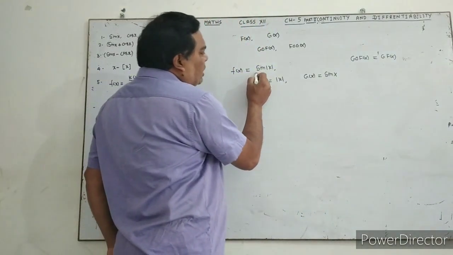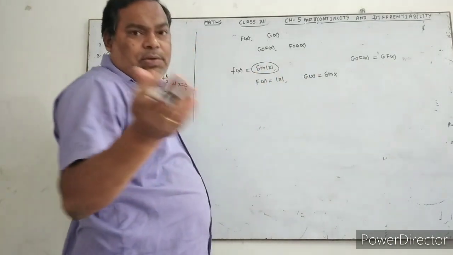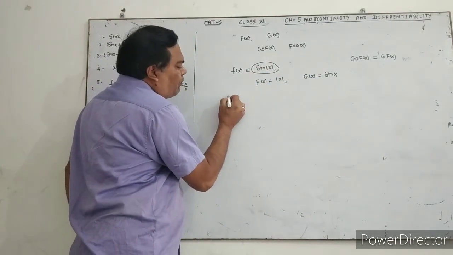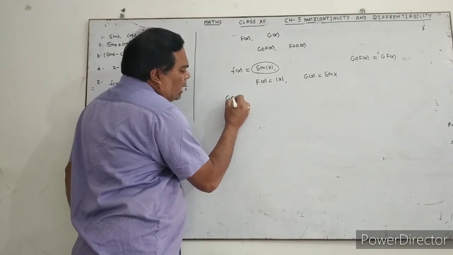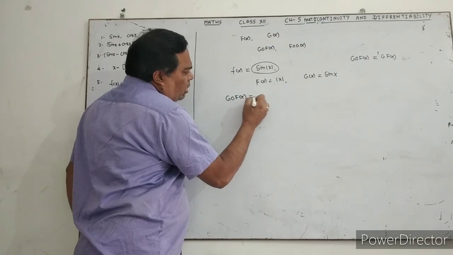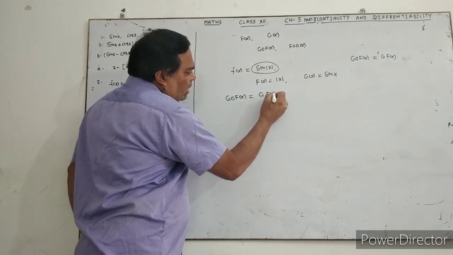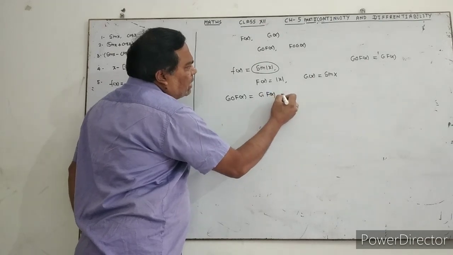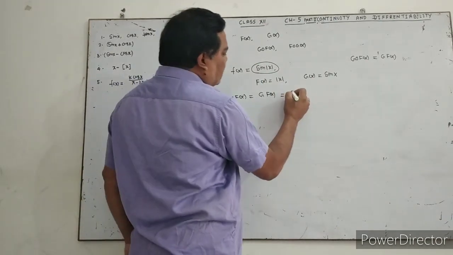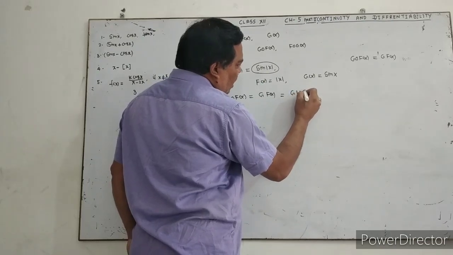But this is the composition of two functions. Now write g o f of x. What is g o f of x? It means g of f(x). What is the value of f(x)? The value of f(x) is mod x.